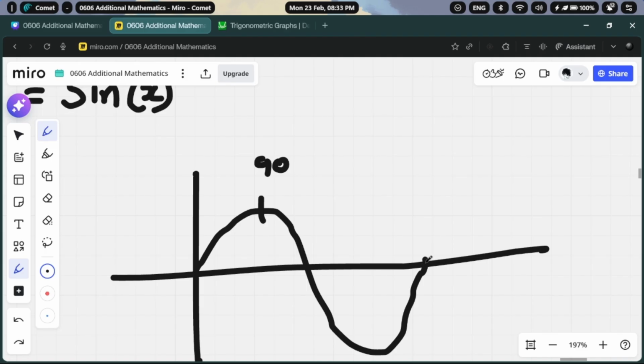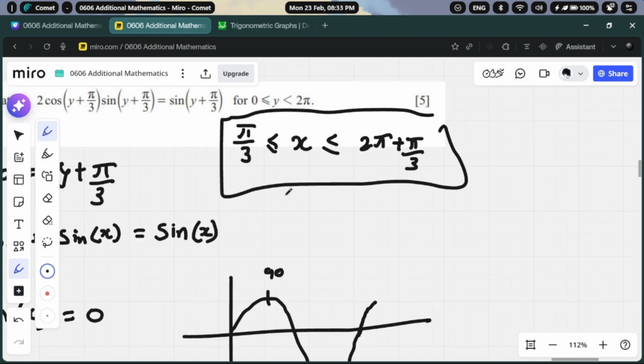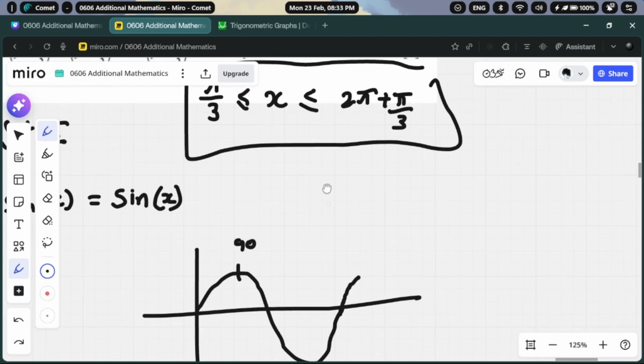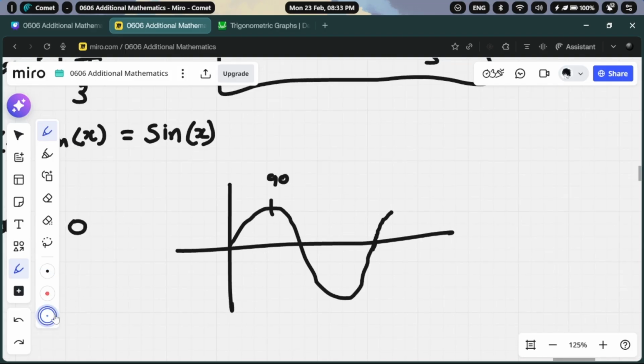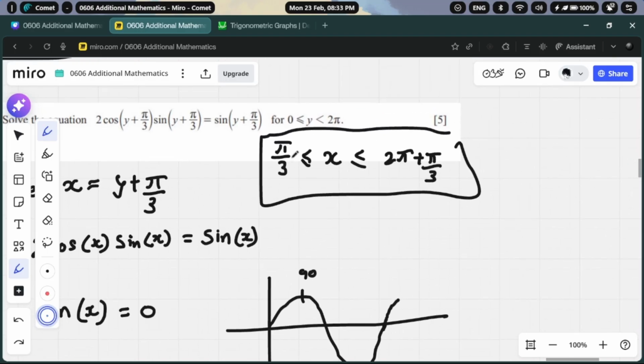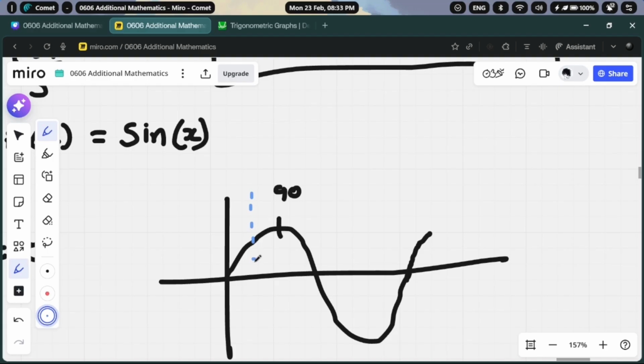So you would actually extend your sine x graph to something like this. Now you can also do sine inverse of these two extremes if that helps you out, but it's a bit time consuming, so I wouldn't really recommend that. So this is your graph. Now you have to obviously consider the domain as well. So pi over 3 would be kind of like over here.